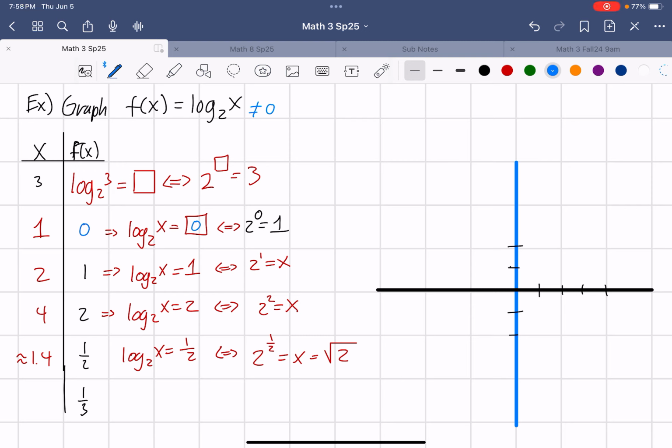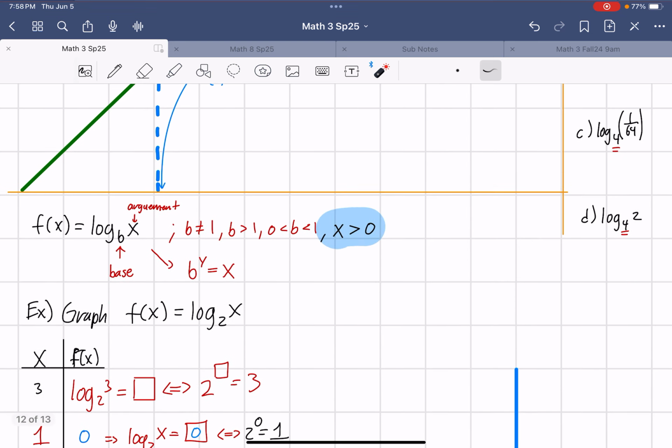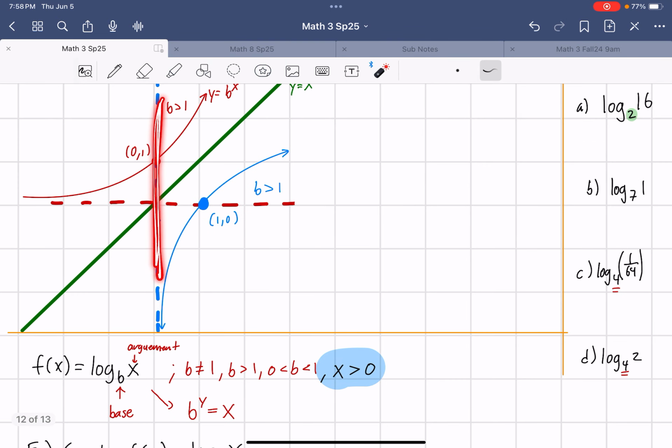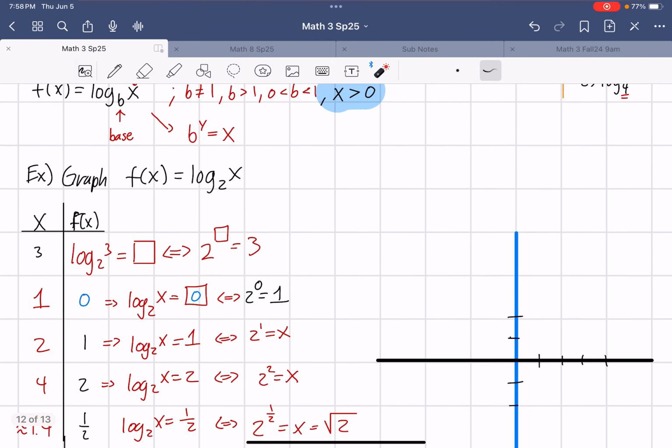Our x cannot be equal to 0. And remember, when x is equal to a constant, what does it make? That vertical asymptote.